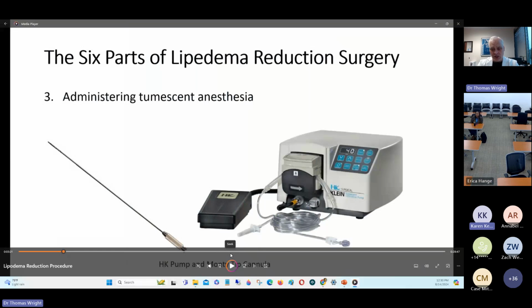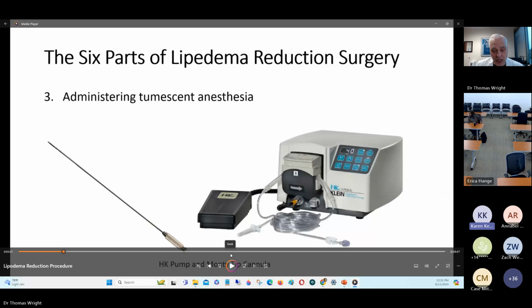But with MicroAir, you can't debulk the tissue as well otherwise. I've used the water-assisted, I've used just regular manual tumescent liposuction and Vaser, and in my hands, and others who do this, are not able to get as much of the tissue out using anything but the MicroAir PAL.